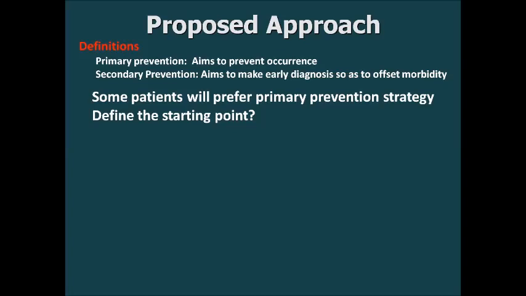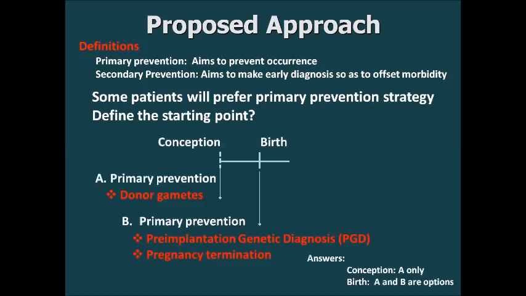some patients, we must remember, will prefer primary prevention strategies, and these patients need to define the starting point at which they consider primary prevention to be defined. For example, some couples might define primary prevention as the prevention of a conception. Some other couples might define primary prevention as aiming at preventing the birth of a child with a specific condition.